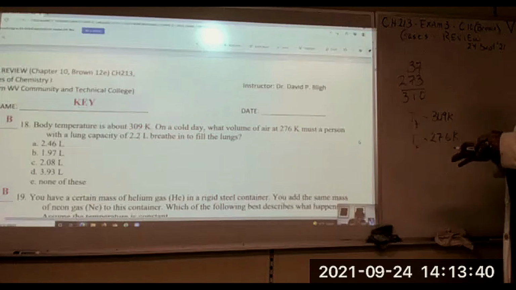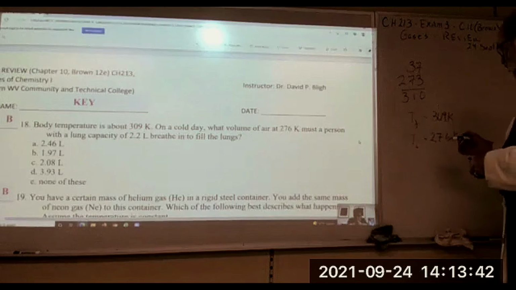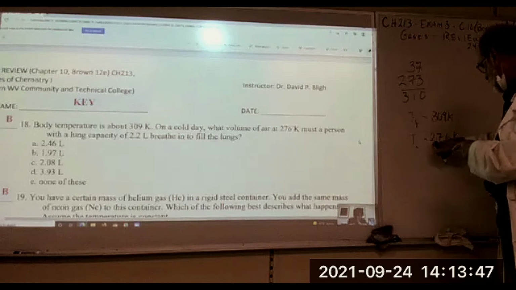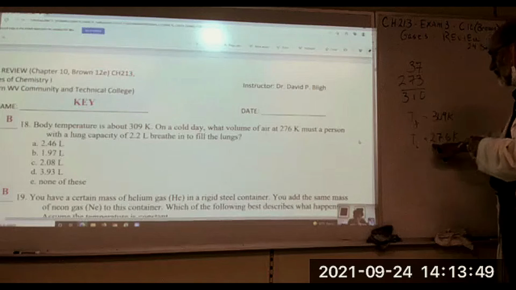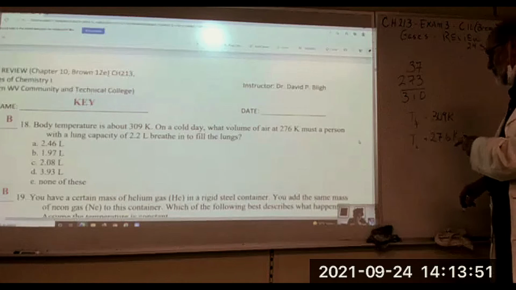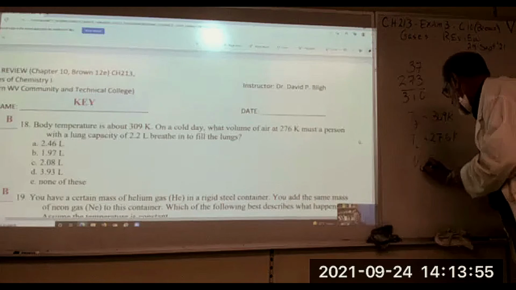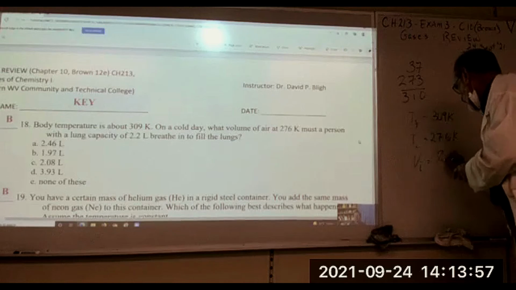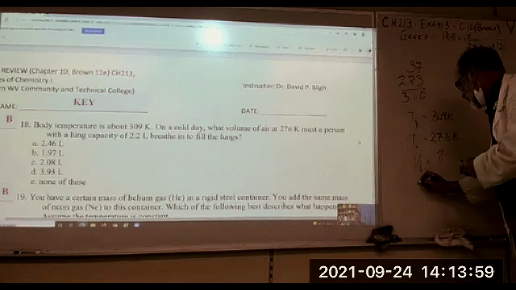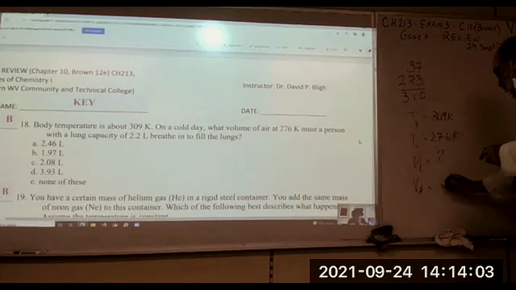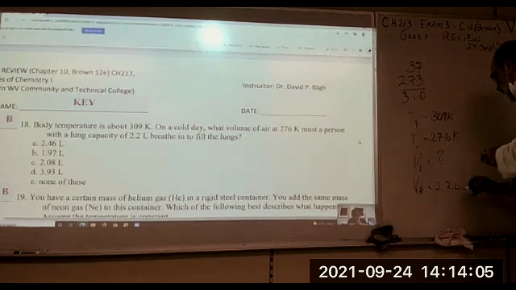So actually, it's not as complicated as it looks. We're looking for the volume here, right? How much of that volume needs to be taken in to fill lungs at this temperature of 2.2 liters?